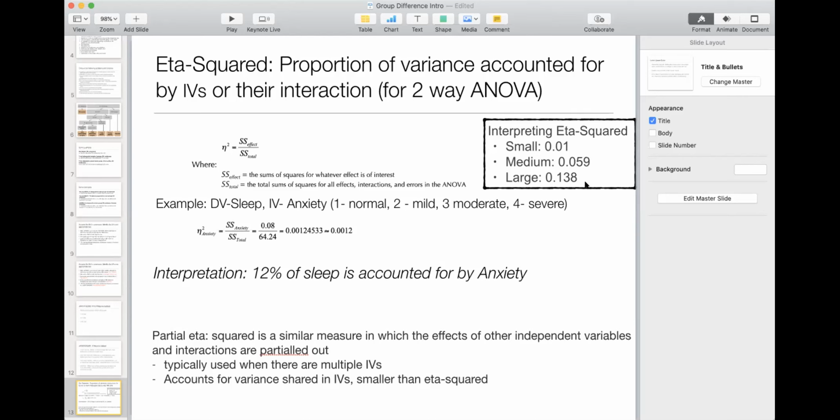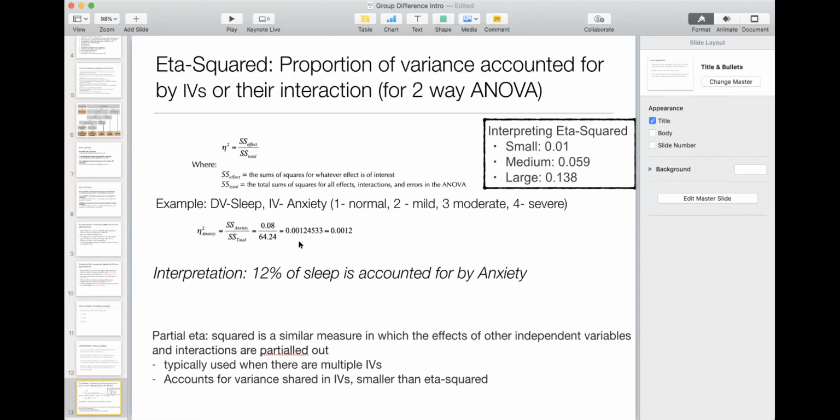So for example, your eta squared is a product of the sum of squares for the effect versus the denominator, which is the total sum of squares. So here, the example here is the dependent variable is sleep, and the IVs are anxiety levels, the normal, mild, moderate, and severe.